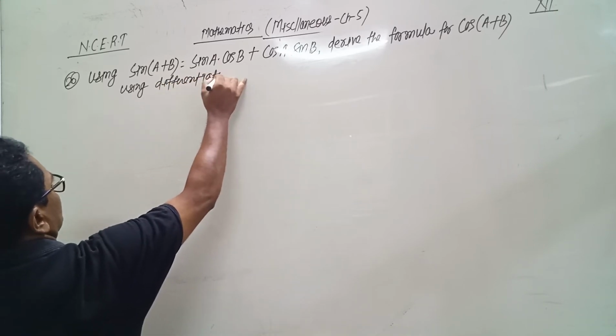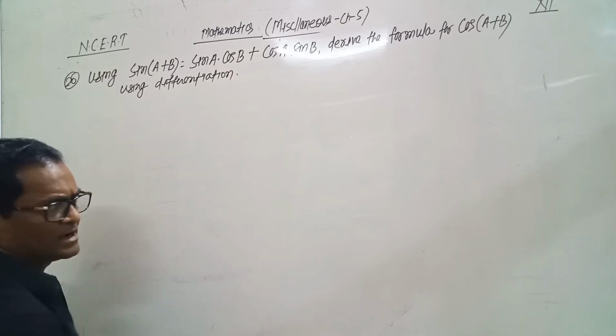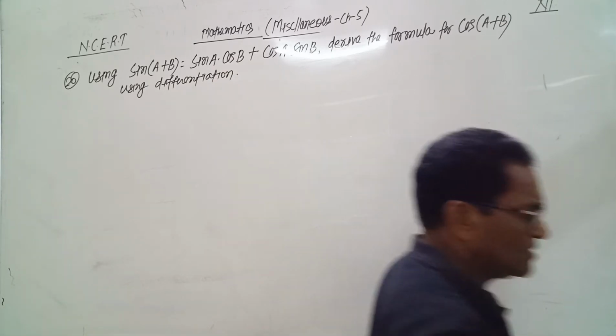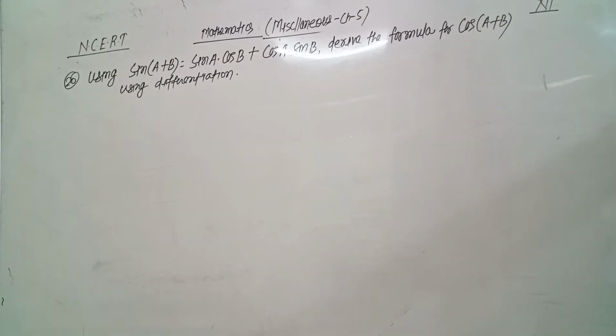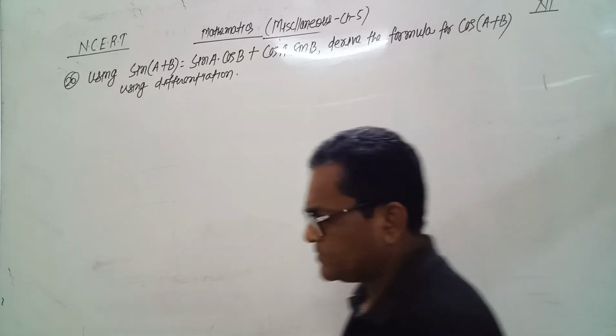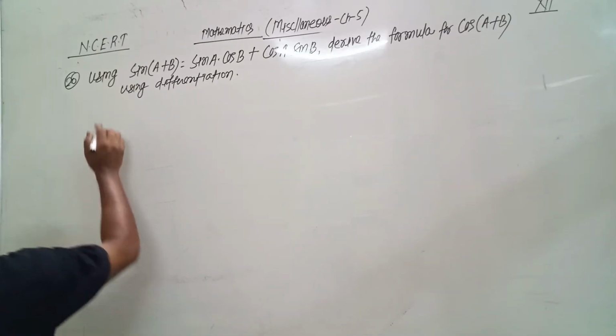Using differentiation. We are given sin(A+B) equals sin A cos B plus cos A sin B, and we have to derive the formula for cos(A+B) using this formula.